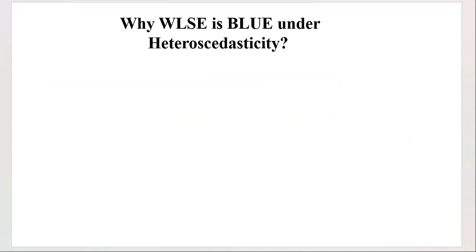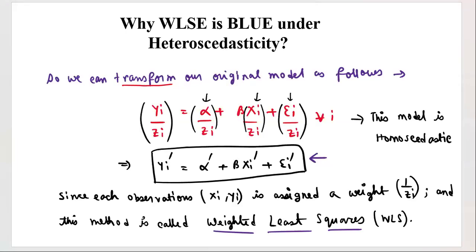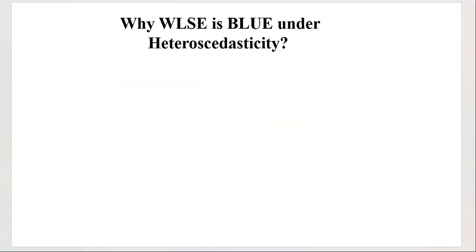Now in this model, you can include the intercept, or you can do this without the intercept. Let me do it without the intercept, and you can try the intercept version on your own. Suppose beta curl is the WLSE, weighted least square estimator of beta. So we start with this assumption.